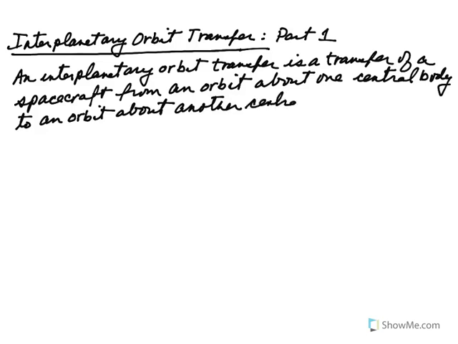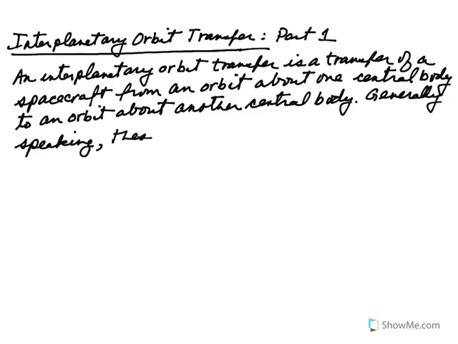Now, generally speaking, these bodies are planets. So we can think of an interplanetary orbit transfer as a transfer of a spacecraft from an orbit about one planet to an orbit about another planet.